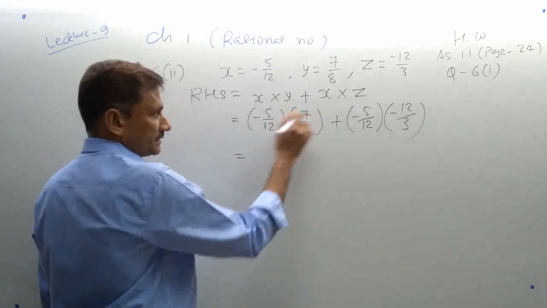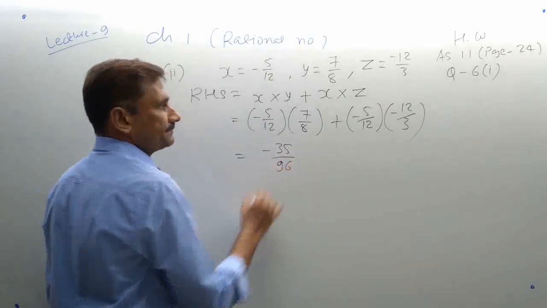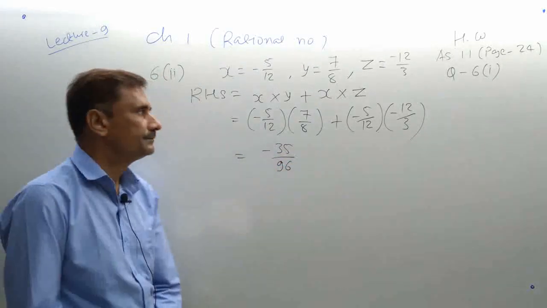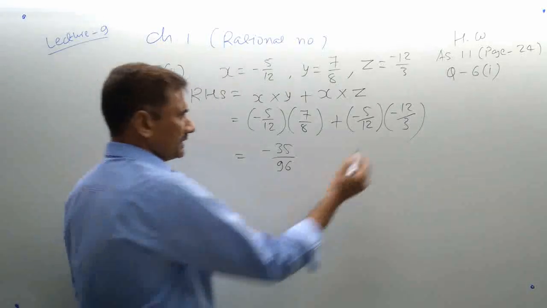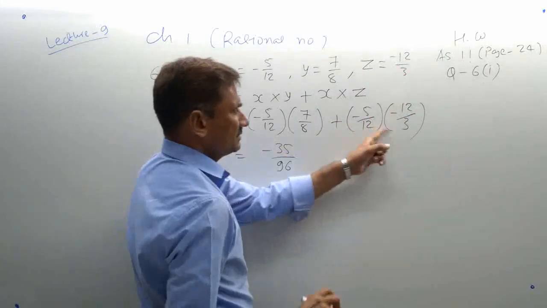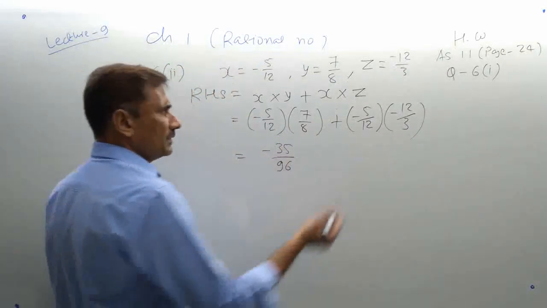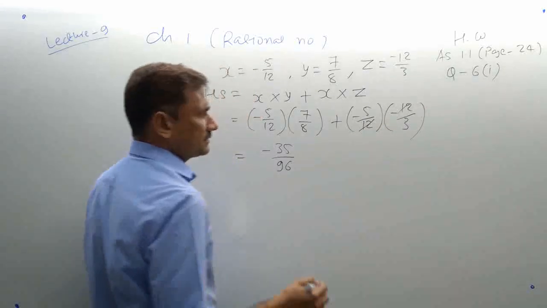Now look here, nothing is there, so minus 35 upon 96. Now cancellation is possible there, even in the question also, but if you want you can. Okay, no problem. 12 and 12 cancel out.